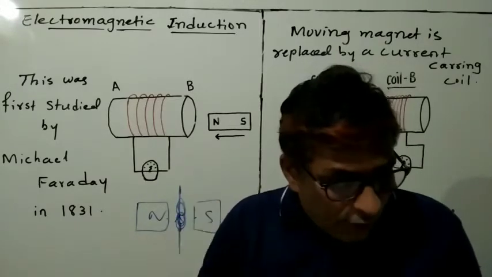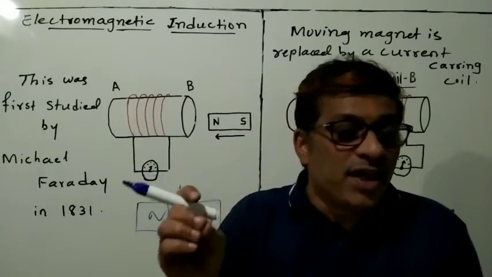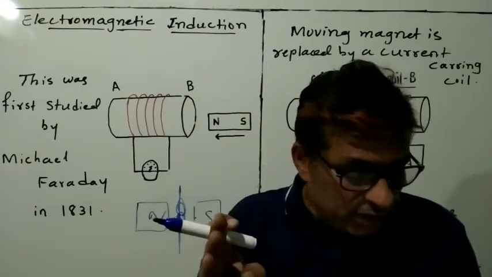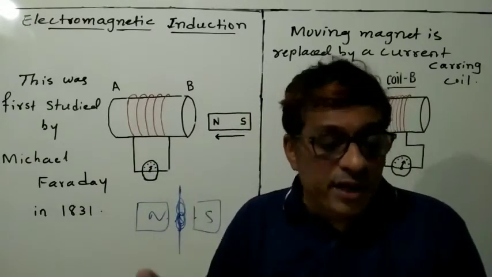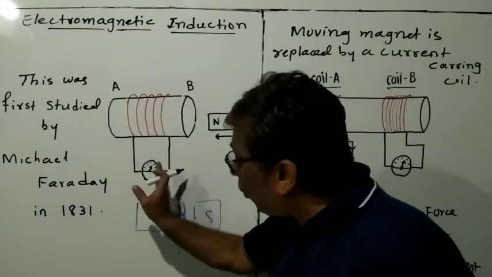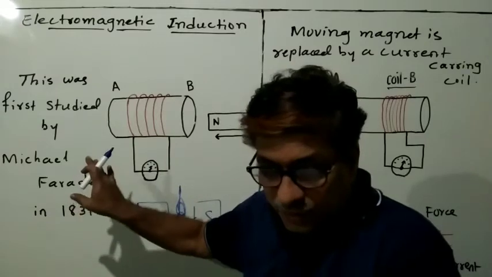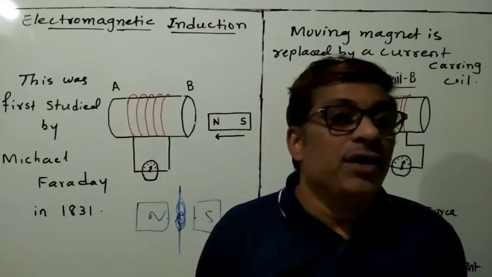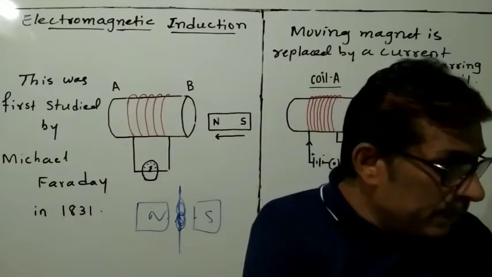The pointer remains at zero when there is no current. But when current is flowing, it deflects either to the left or to the right of the zero mark, depending on the direction of the current.